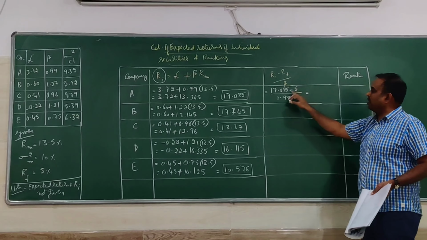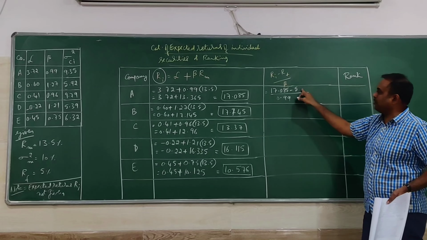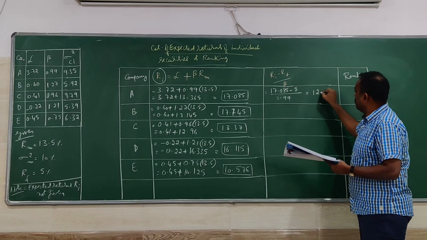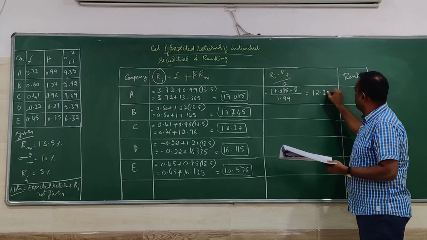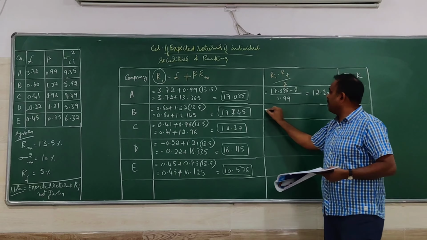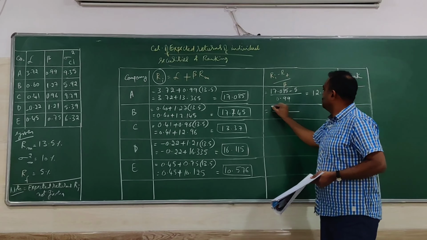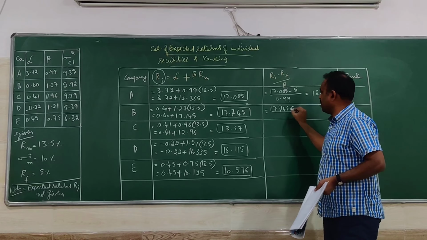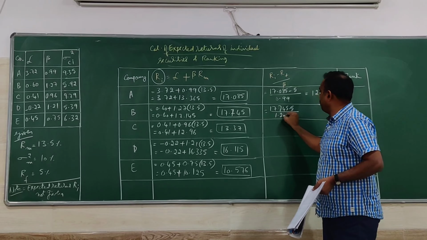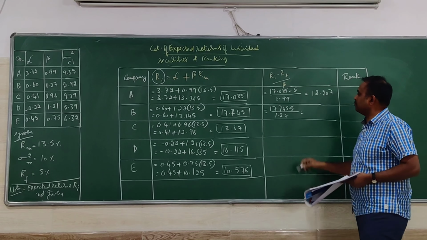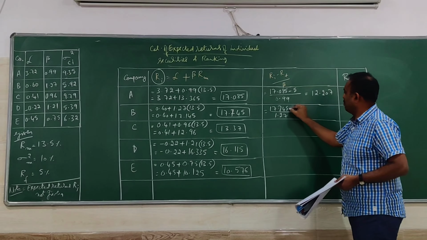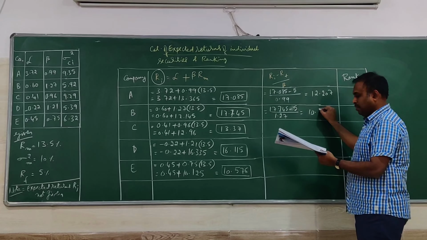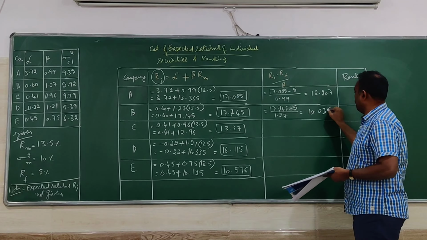So 17.085 minus 5 divided by 0.99 is 12.207. Next, 17.745 minus 5, beta is 1.27. So the excess return is 10.035.